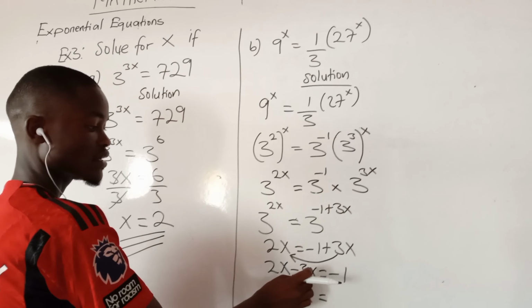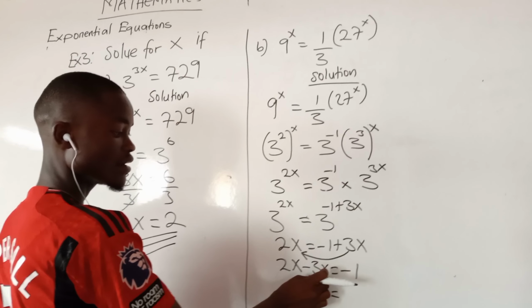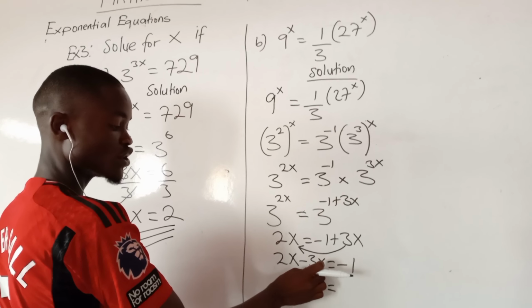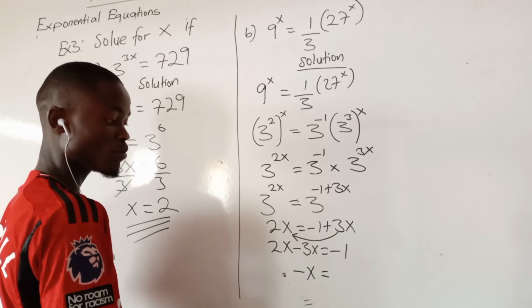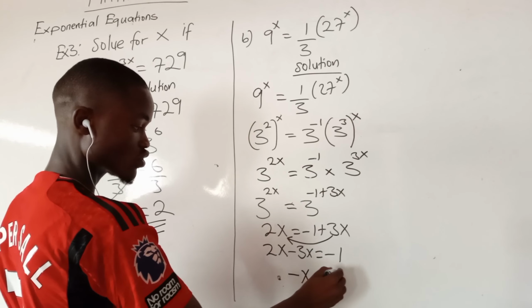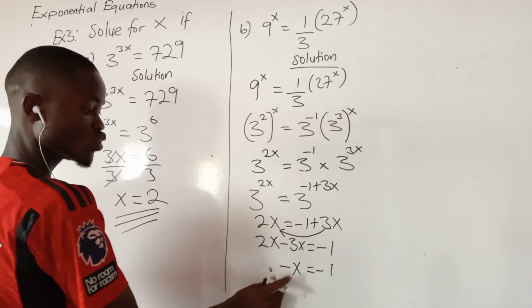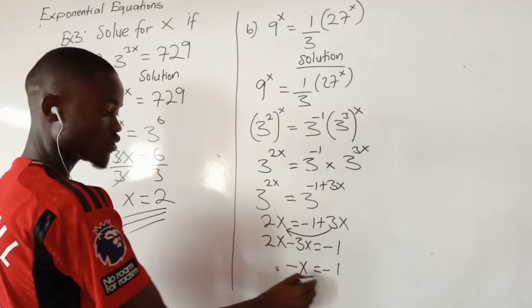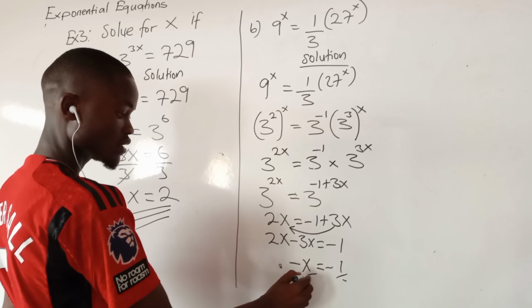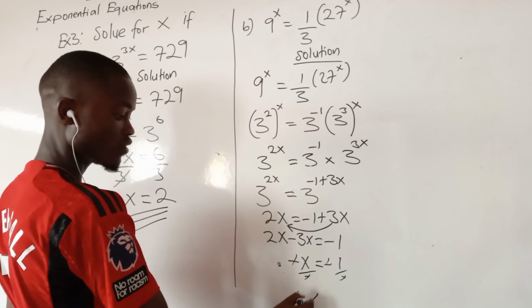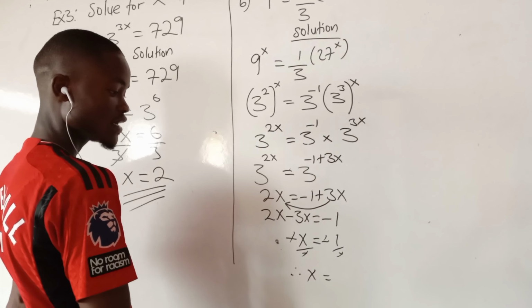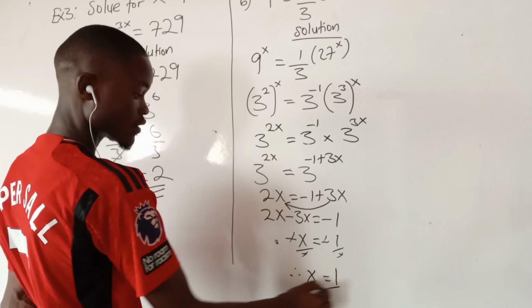Why? This bigger expression, minus 3x, has a minus, so the bigger number carries the sign. So minus x equals minus 1. What we need to do is divide both sides by minus 1, and the minus signs cancel. Therefore, the value of x is equal to 1.